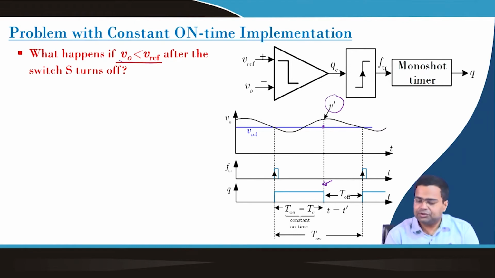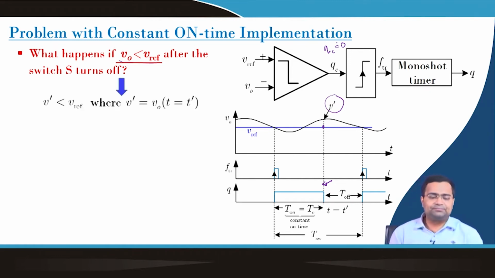What will happen? The comparator output QC is low, there are no edges, and the monoshot timer is also not activated.